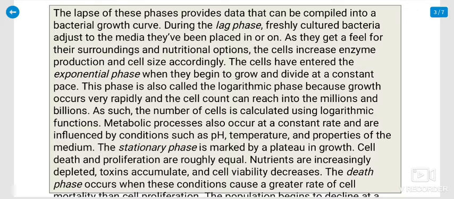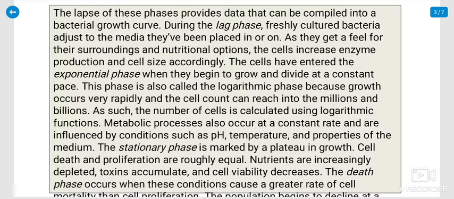The cells have entered the exponential phase when they begin to grow and divide at a constant rate.